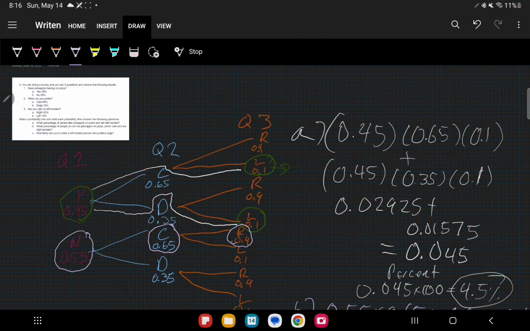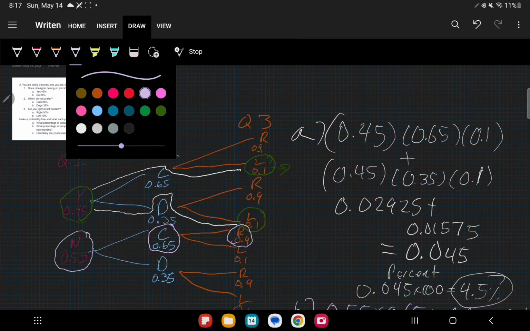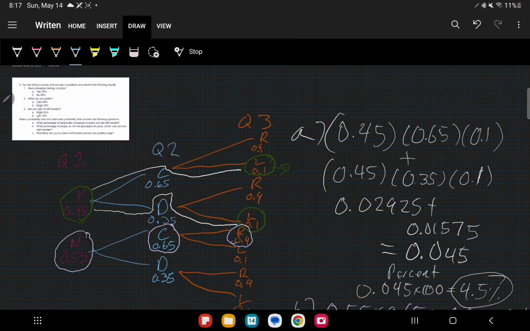And then the last one, how likely are you to meet a left-handed person who likes dogs? So we don't care particularly about the first set, but we're still going to do it. Let's change your color one more time. Let's pick this dark blue.